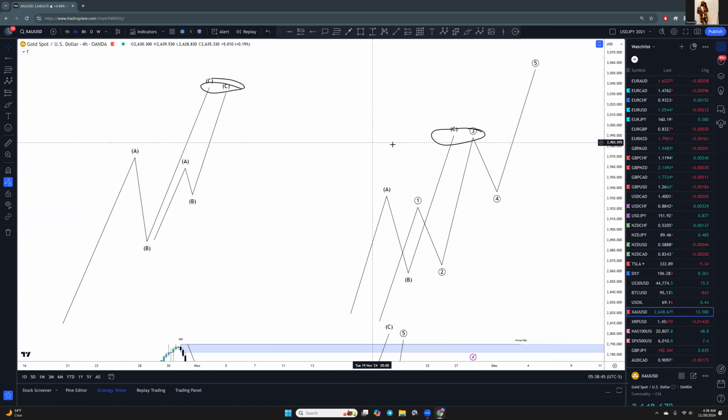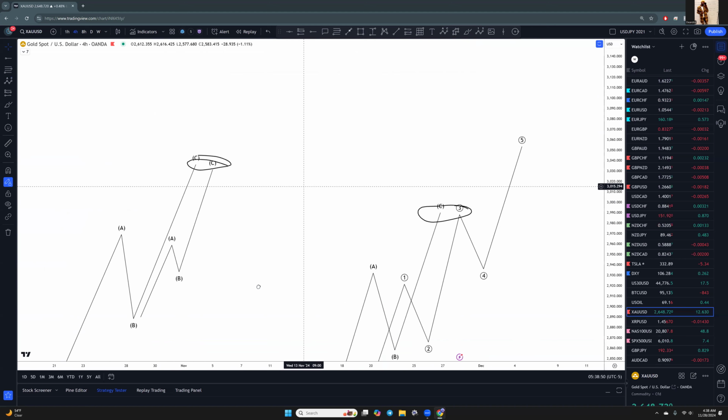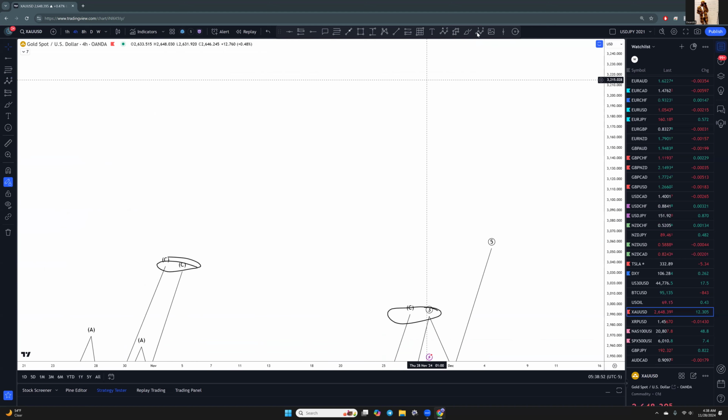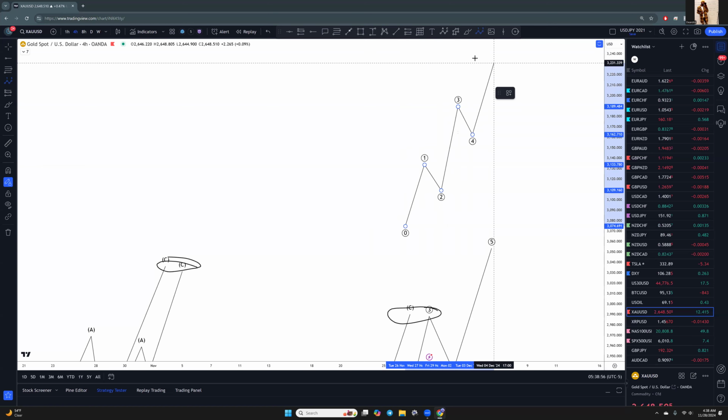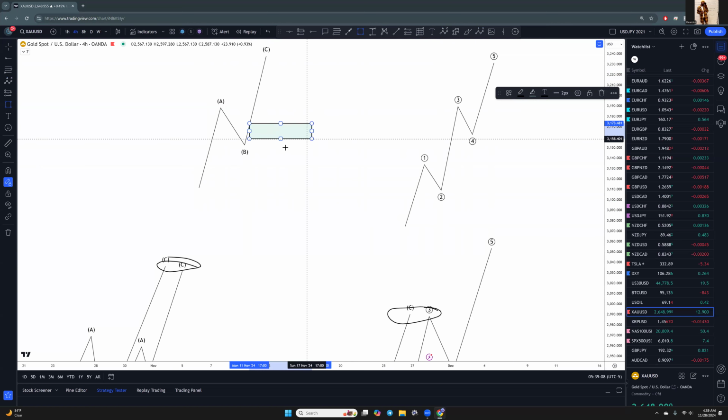So you guys should already know the areas that we target when it comes to ABC patterns and 1, 2, 3, 4, 5 patterns. If not, I'm going to go ahead and briefly go over it for you guys again. So here is your ABC and your 1, 2, 3, 4, 5, right? On ABC patterns, our first target is always going to be in the B structure area. And we never, ever, ever target the end of B, ever.